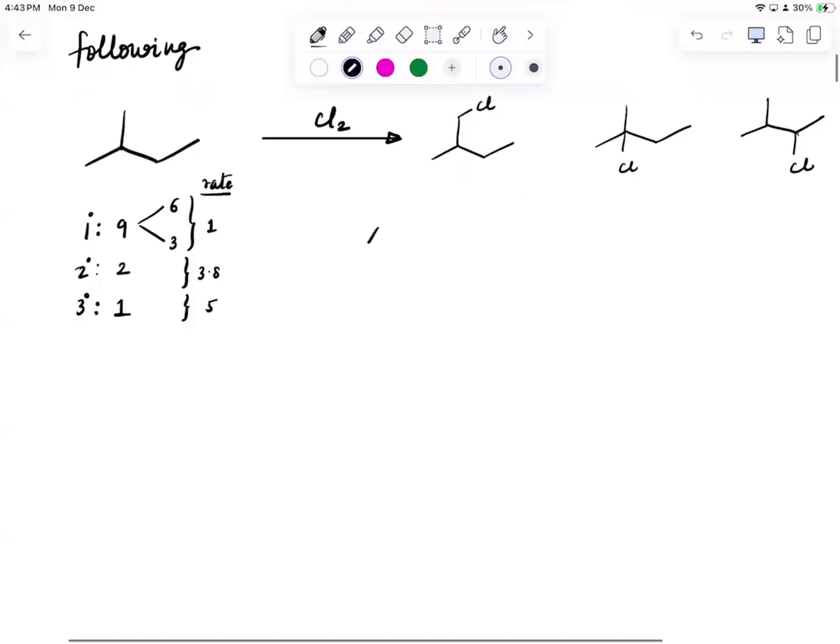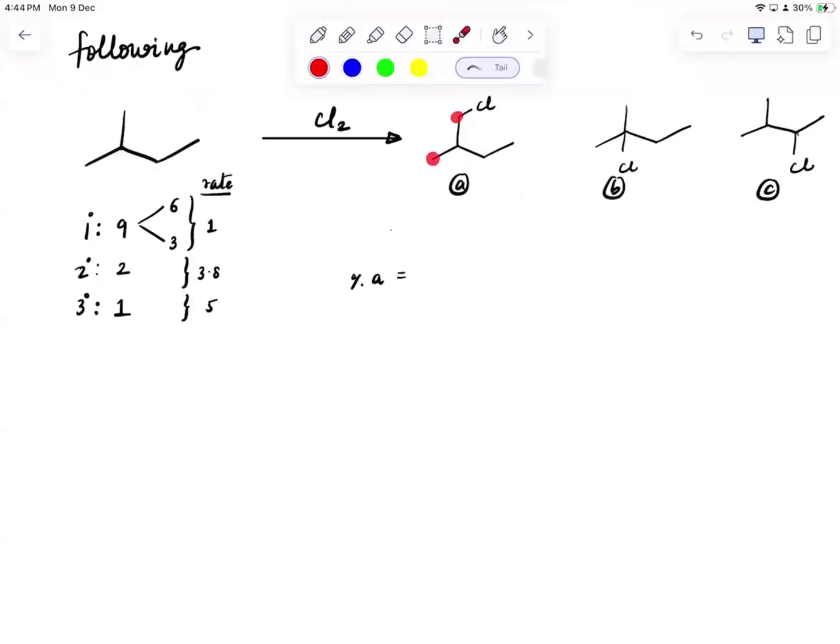Now, if I need to calculate the percentage of products A, B, and C, I'm trying to figure out how much is the percentage of A. So percentage of A will be equal to chances of chlorine coming here, which is 6 times 1, divided by 9 times 1 plus 3.8 times 2 plus 1 times 5, into 100.